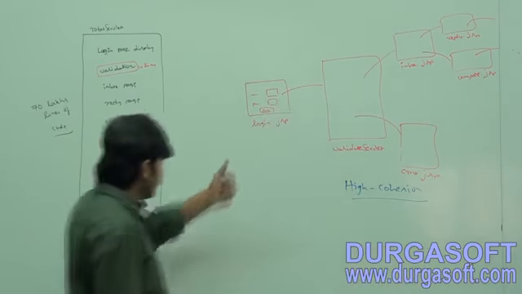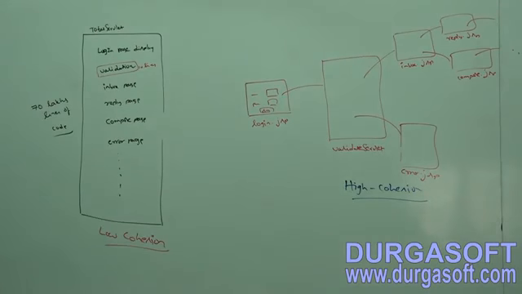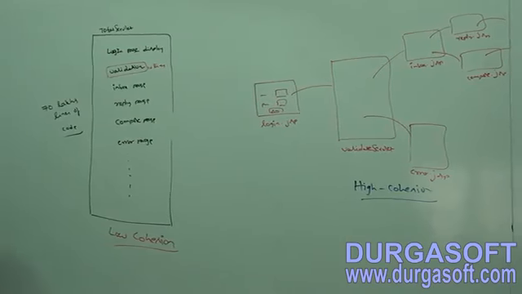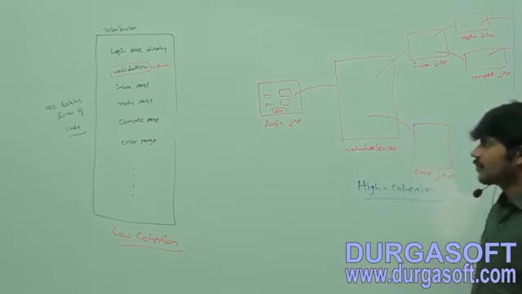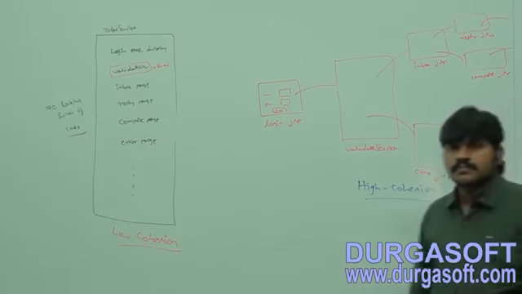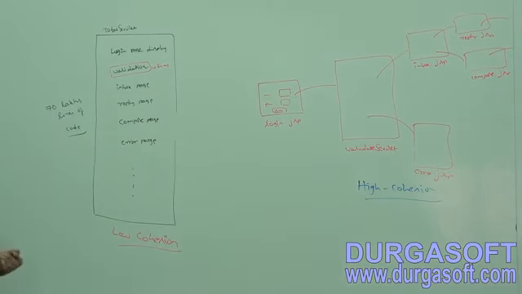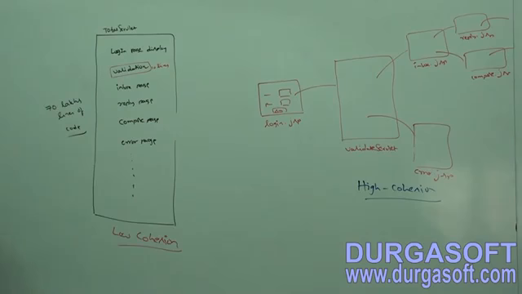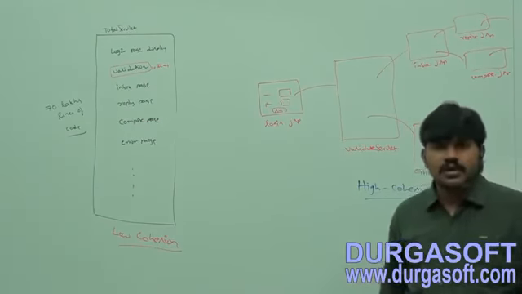Okay, take both examples side by side: low cohesion, high cohesion. Take this one first and then that.